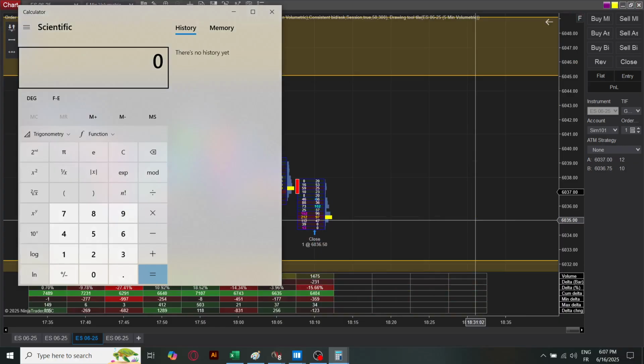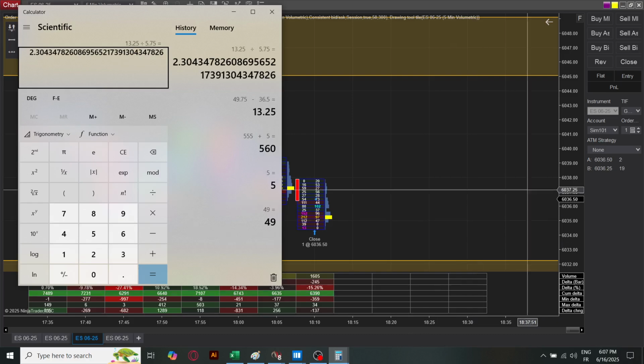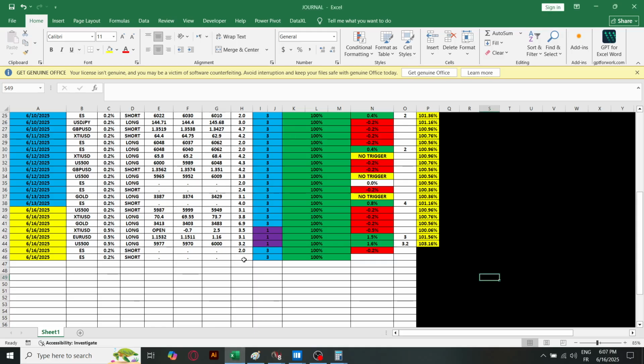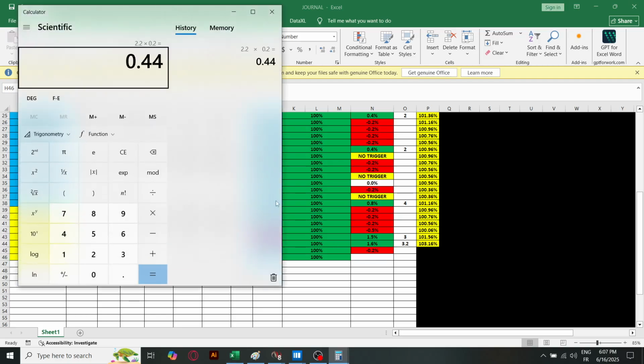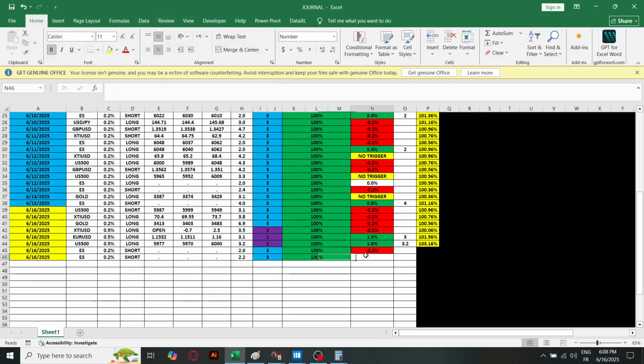So 49.75 minus 36.5, divided by 5.75, is 2.3, so 2.2 with calculating the commissions and the spread, and it's 2.2 on 0.2 risk, and it's 0.44.